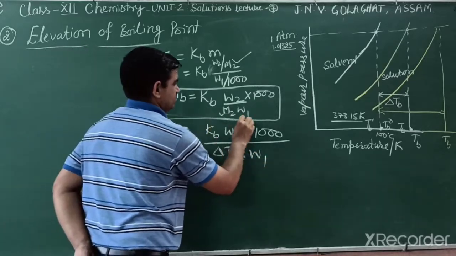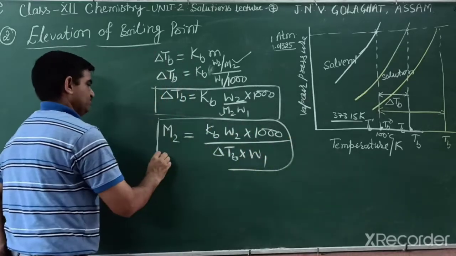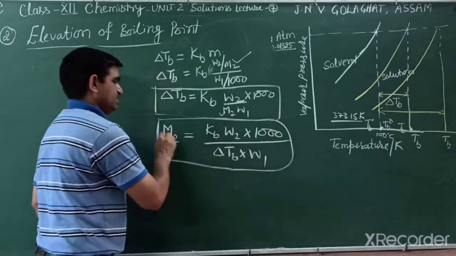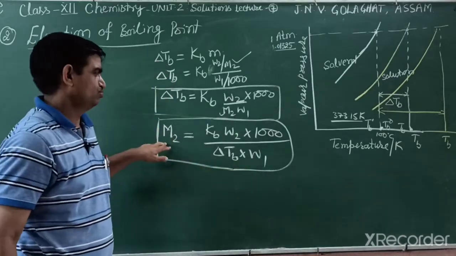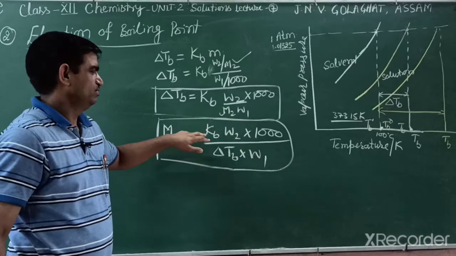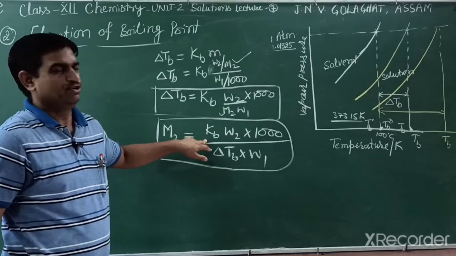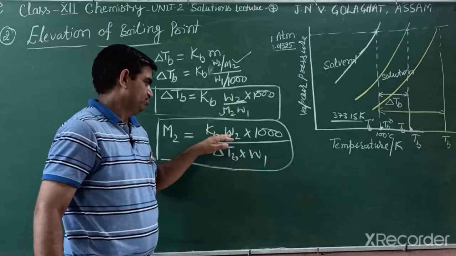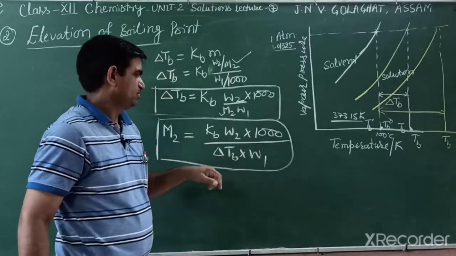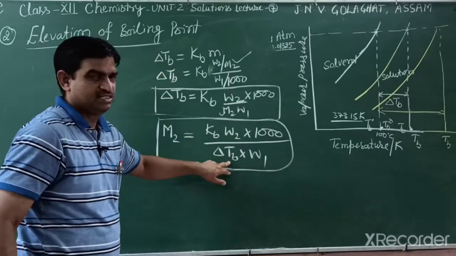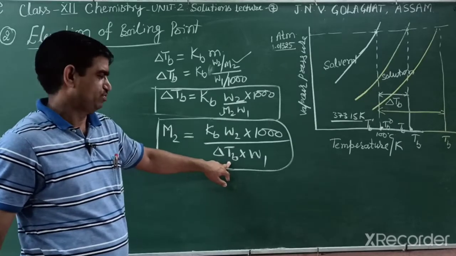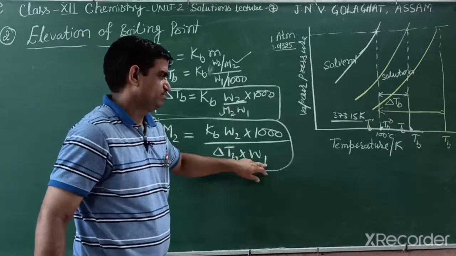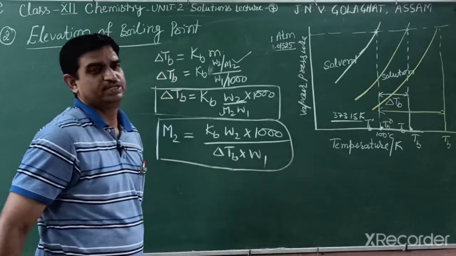So by this we solve the numerical problem and identify the molar mass of the unknown solute. What are the values? Kb is the molal boiling point constant, the ebullioscopic constant, W2 is the weight of the solute, delta Tb is the elevation of boiling point of the solvent, and W1 is the weight of the solvent.